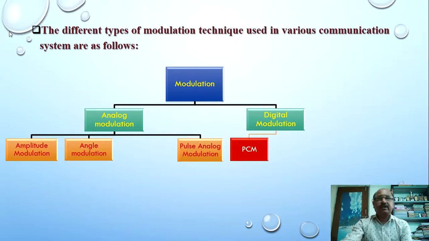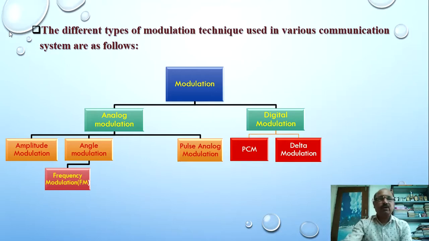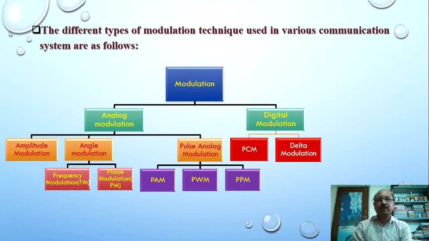Digital modulation is divided into PCM and delta modulation. Angle modulation is divided into frequency modulation and phase modulation. Pulse analog modulation can be bifurcated into PAM, pulse amplitude modulation, pulse width modulation, and pulse position modulation.